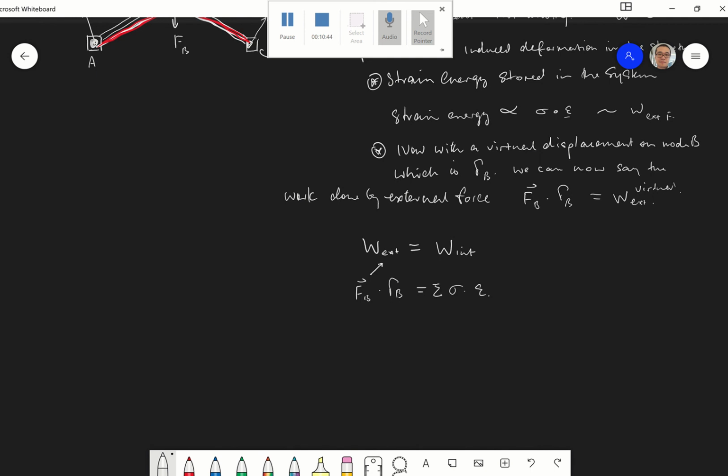So we need to sum up across all the elements we have. So this is basically a very hand-wavy idea of what we try to achieve with the principle of virtual work. And then in the next video, we're going to look at how we link up this idea to what we need in finite element analysis. That's basically how this can help us to calculate the stiffness matrix for an element in FEM.